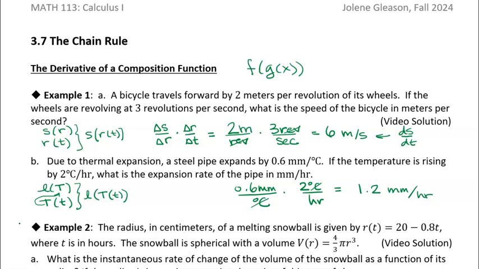So what we did here is we took the change in length over the change in temperature, that was our first rate, 0.6 millimeters per degree Celsius, times the change in temperature over the change in time, the rate at which the temperature was increasing. So we multiplied two rates together and got a new rate, and essentially it's the rate of the composition function.